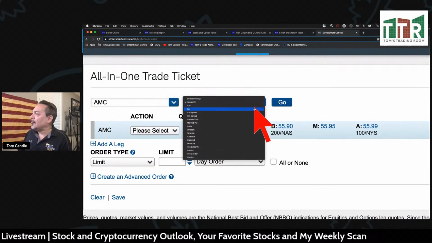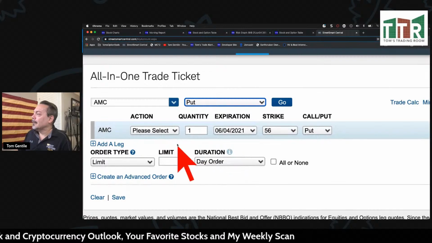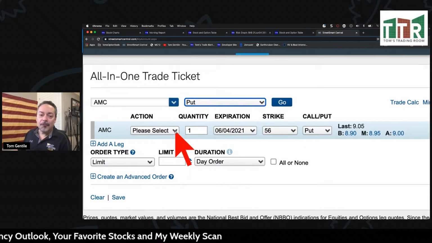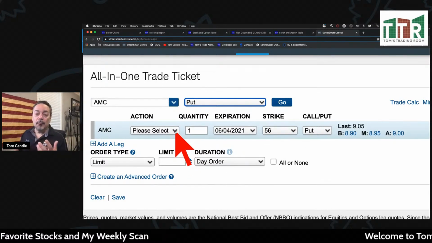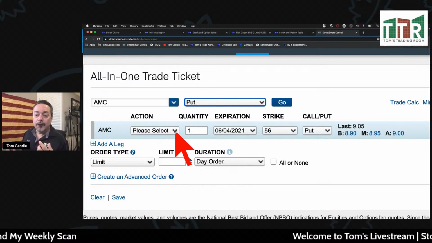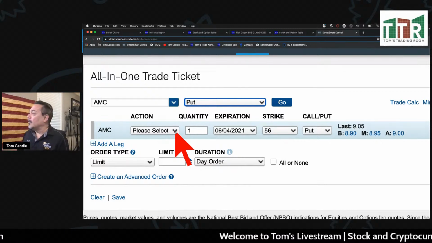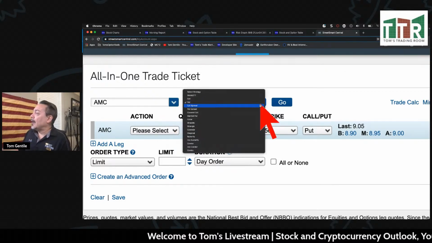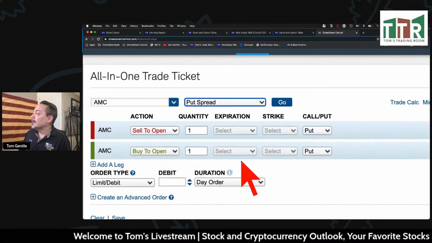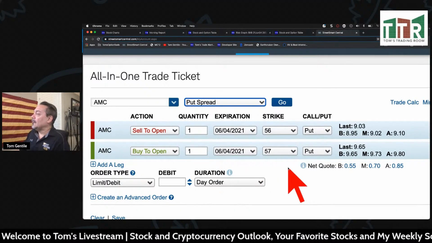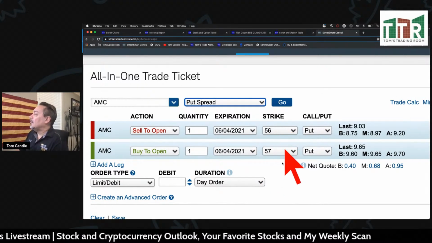But remember yesterday I tried to sell the puts? If you try to sell the puts even today, at least with Schwab, I can't do it. So here's what I do: I look at perhaps a put spread. The put spread immediately tells me, oh, the 56, 57.